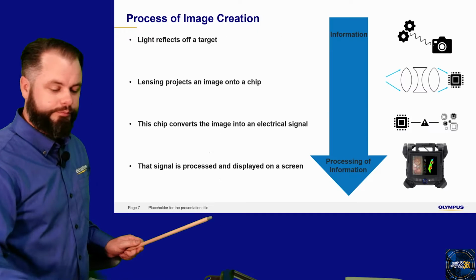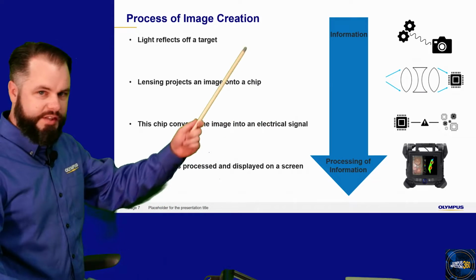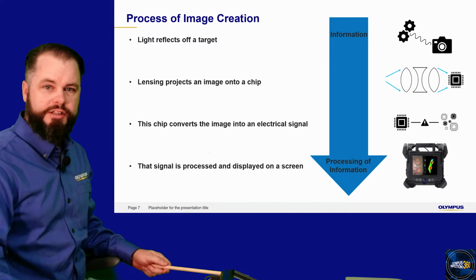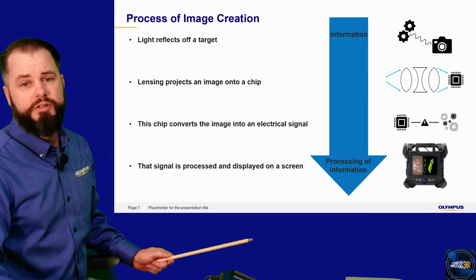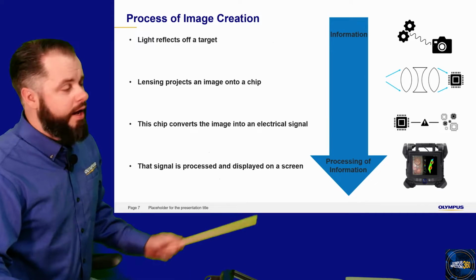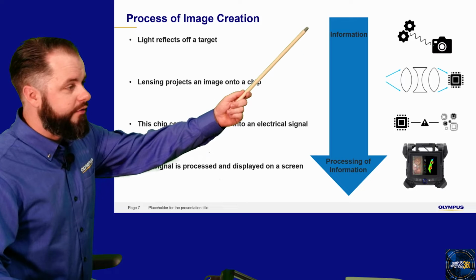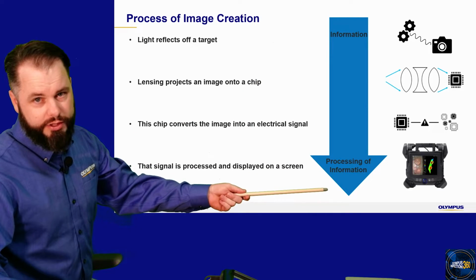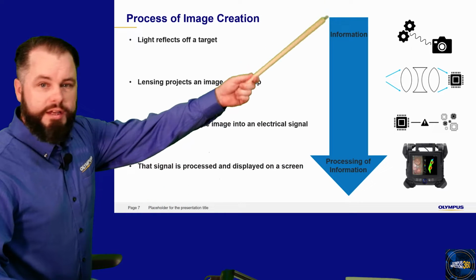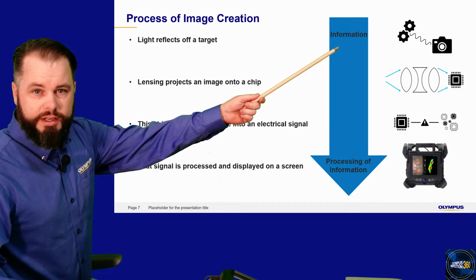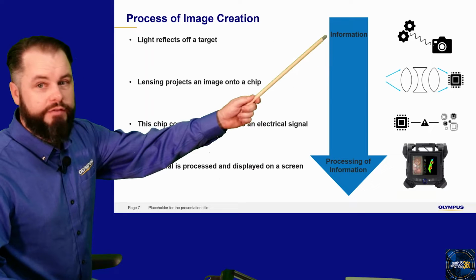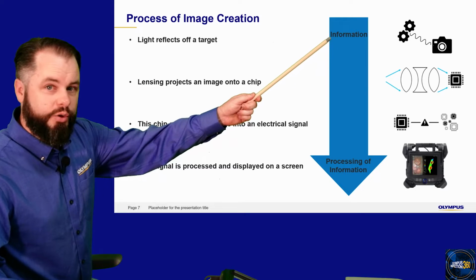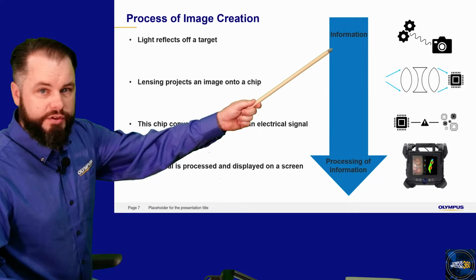So this is a quick summary of the 4 different steps in digital image creation. I have them arranged here with the word information and then processing of information in this arrow to illustrate the point that the information for the image is created and collected in this first step.